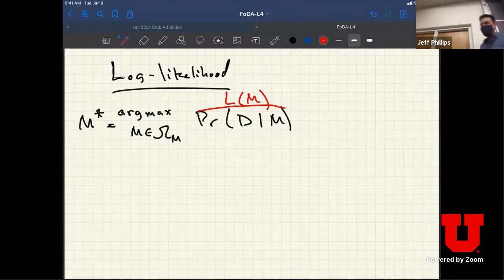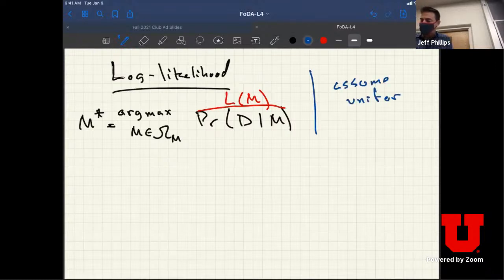So when we look at the likelihood, we can basically assume a uniform prior. We think that the probability of the model is constant. If we do that, we're also able to drop it out of the expression.